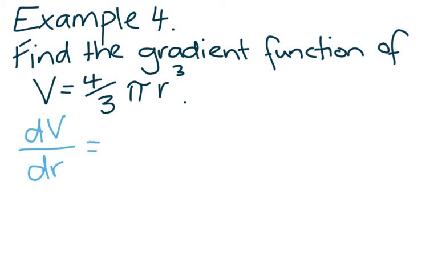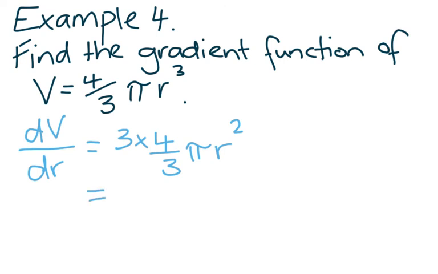Now what we're going to do is we're going to leave pi as it is because we're going to leave this in standard form. So now we would do 3 times 4 over 3. So if we do 3 times 4 over 3, that just gives us 3, if we write that down, 3 times 4 over 3 times pi, and then we reduce the power by 1. So we end up with 3 times 4 over 3 pi r squared.